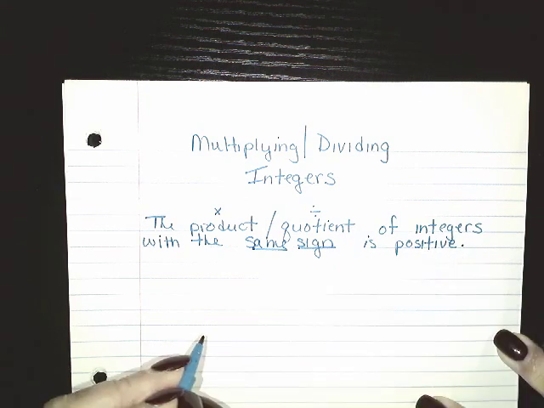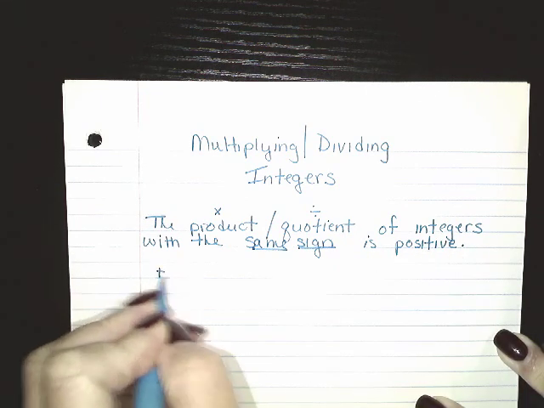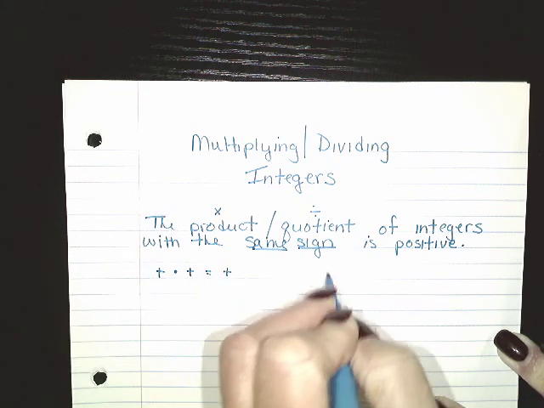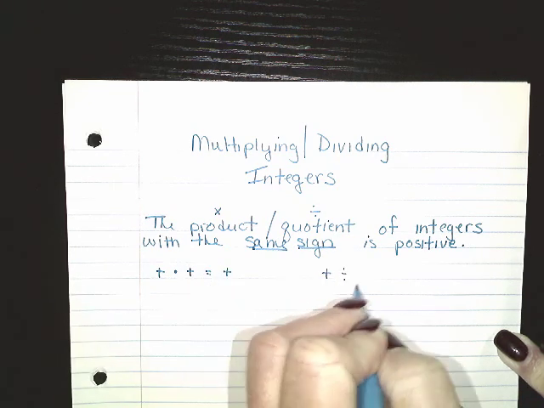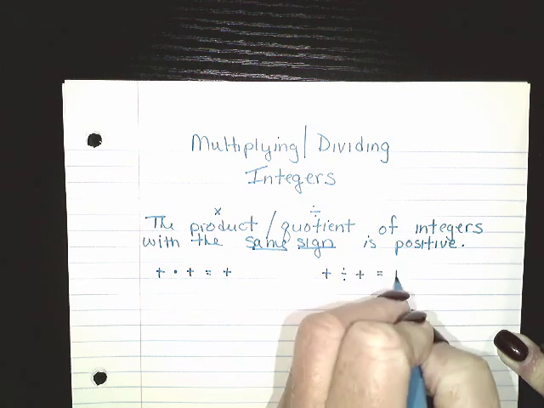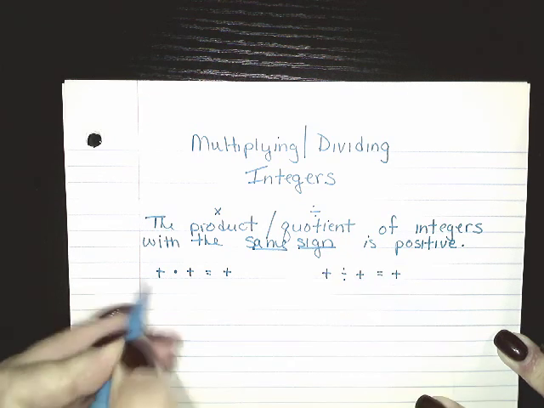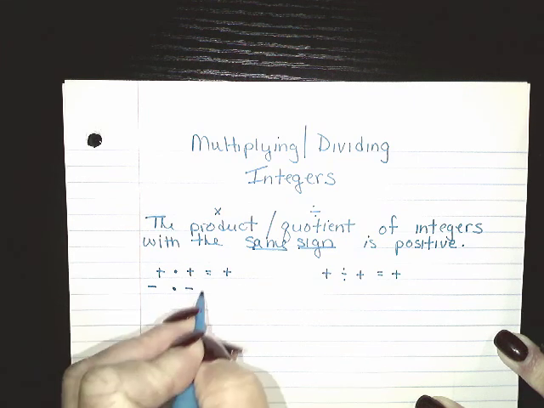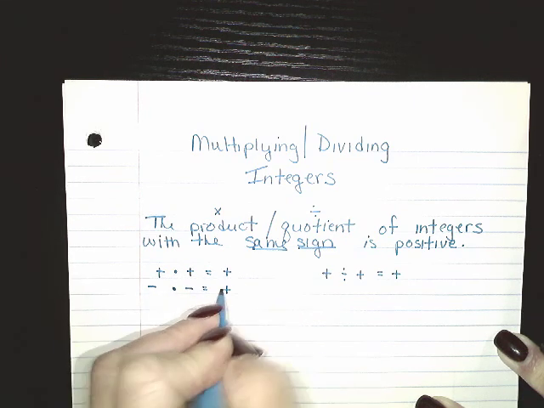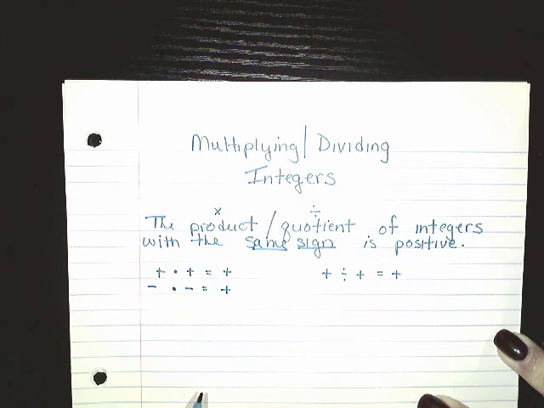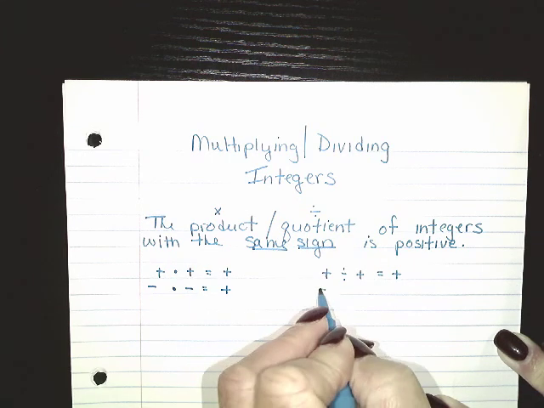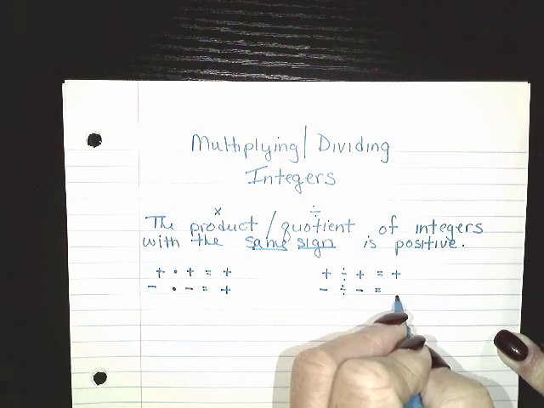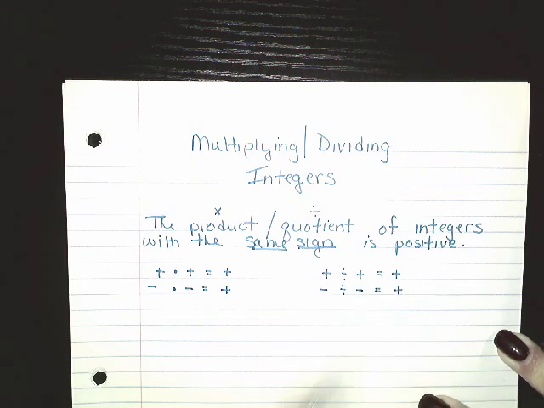Okay, so they have to have the same sign. So if we have a positive times a positive, it's going to equal a positive. A positive divided by a positive is going to equal a positive. A negative times a negative is also going to equal a positive. That's different than what our addition rules are. And a negative divided by a negative is also going to equal a positive.